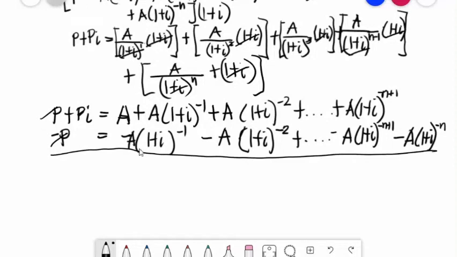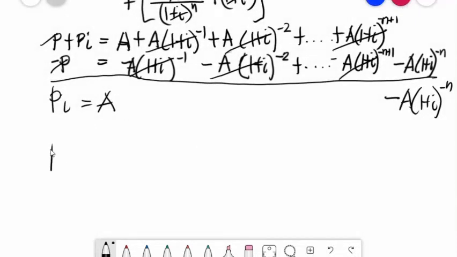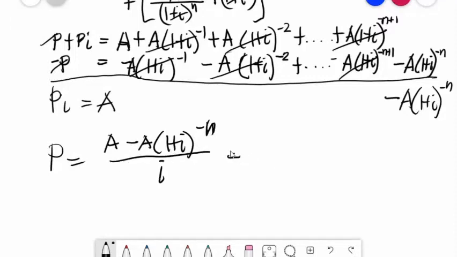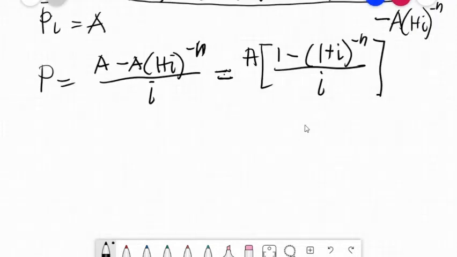cancel to, ito, at saka ito. So, ang matitira na lang ay Pi is equal to A minus A times 1 plus I raised to negative N. So, our present worth is equal to A minus A times 1 plus I raised to negative N all over I, or it is equal to A times 1 minus 1 plus I raised to negative N all over I. Okay, so that is our formula for present.